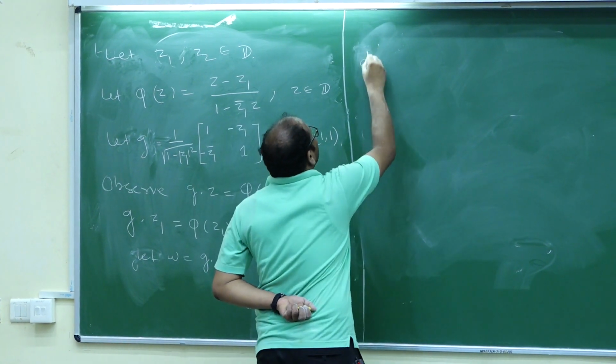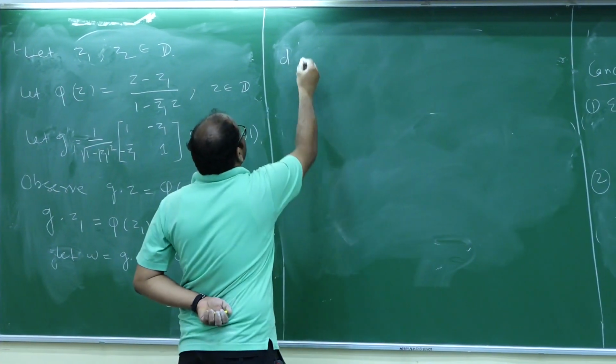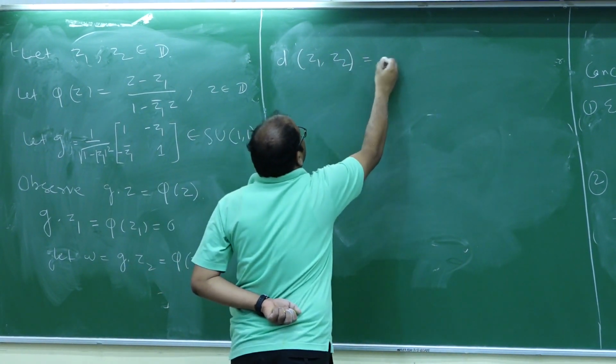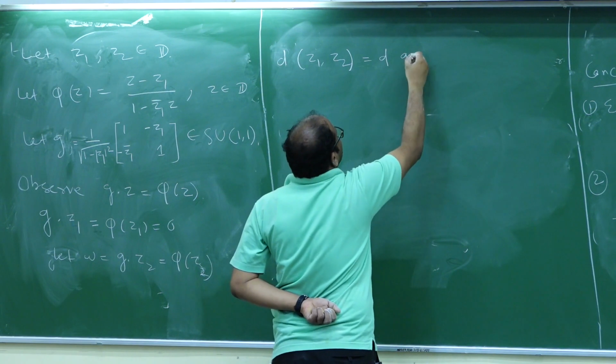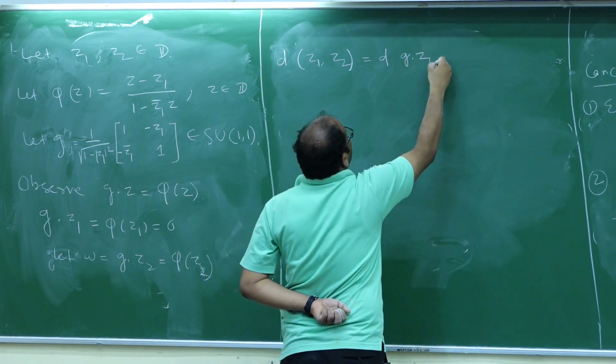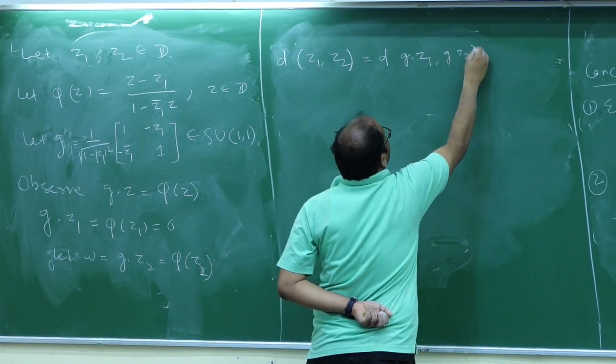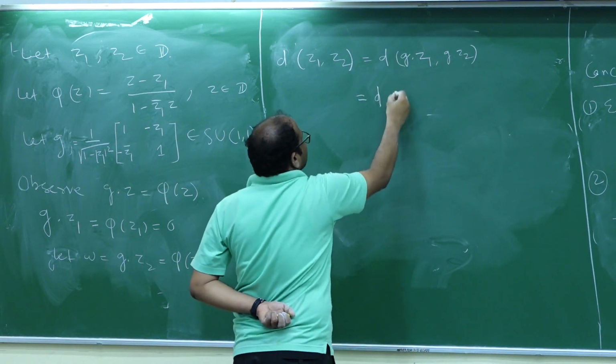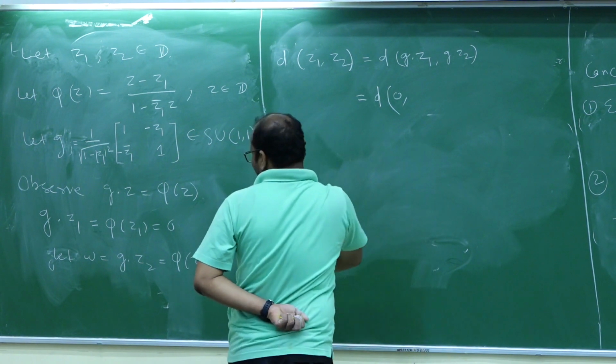Now what will be the distance between Z1 and Z2? It is the distance between G dot Z1 and G dot Z2, and this is equal to the distance from 0 to G of Z2. And what is G of Z2?